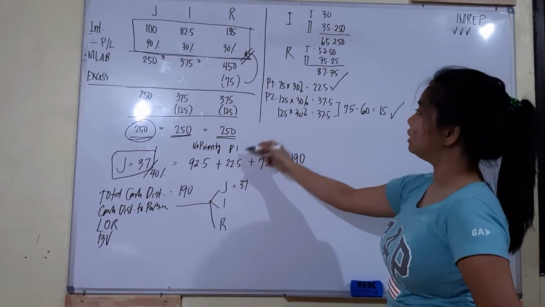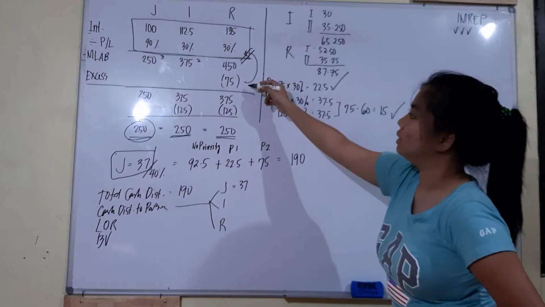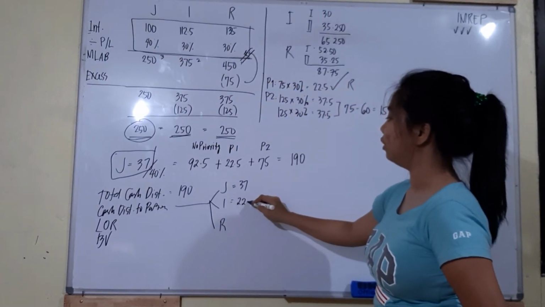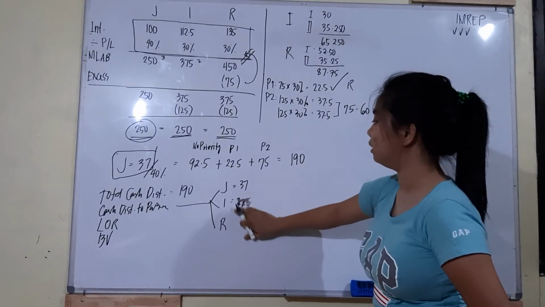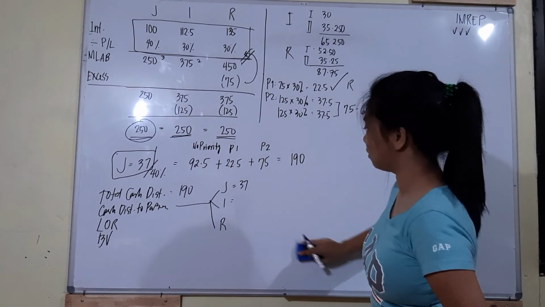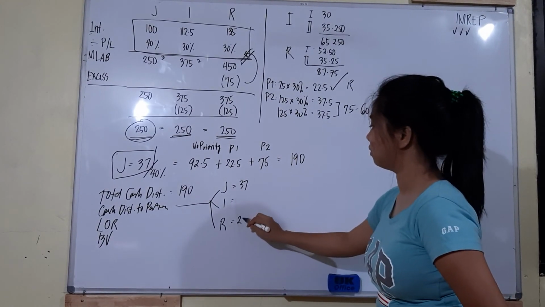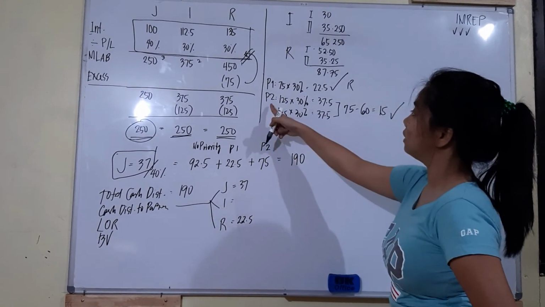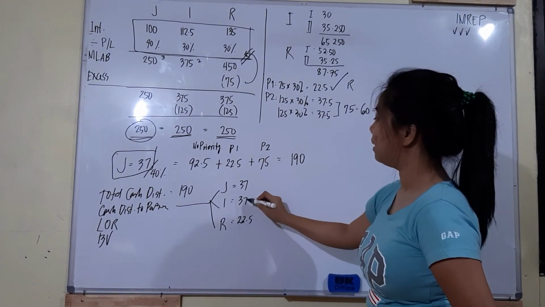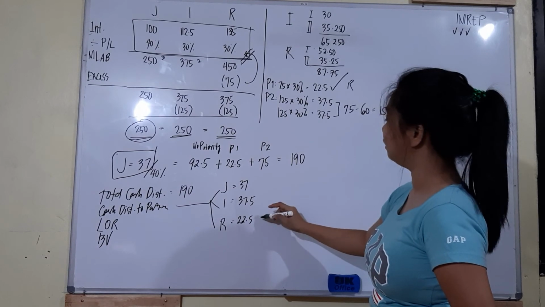So, bigyan muna natin, sino ba na-compute mo sa priority 1? Si Ruby. So, si Ruby meron ng 22.5. Sa priority 2, both of them received 37.5.